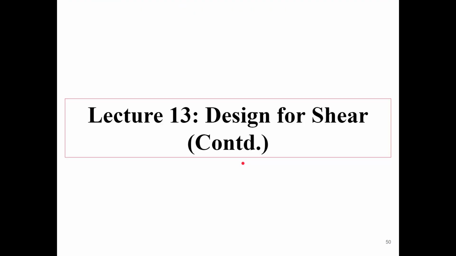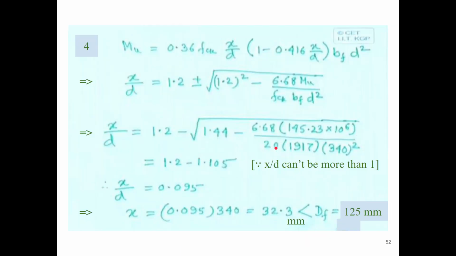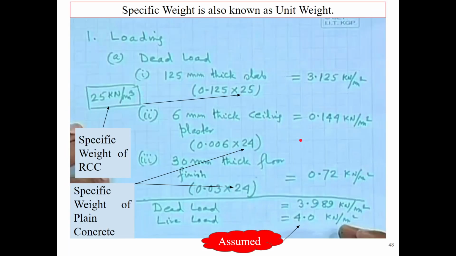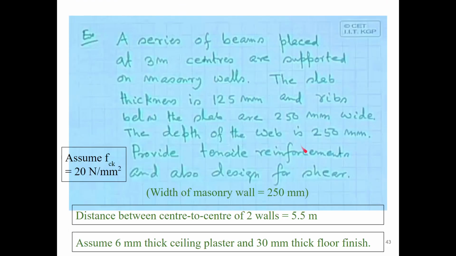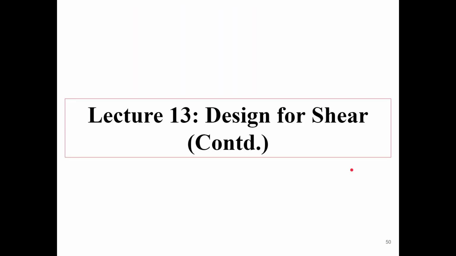So Mu value is 145.23 into 10 to the power 6. We have calculated it somewhere, forgot where. So the moment value is 145.23 kilonewton meter.